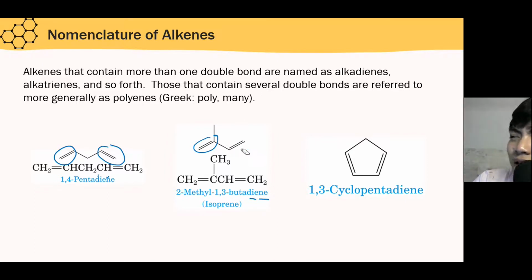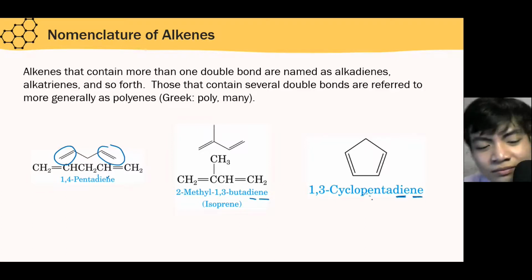So again, you will just need to indicate the number of double bonds before the suffix -ene. Okay, so one example here will be the 1,3-cyclopentadiene. Okay. Di meaning dalawa ang double bond. -ene kasi alkene siya. Okay, so ganun lang.